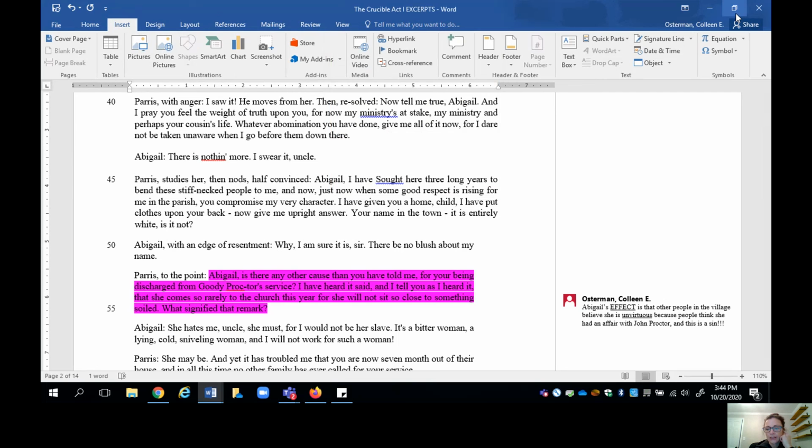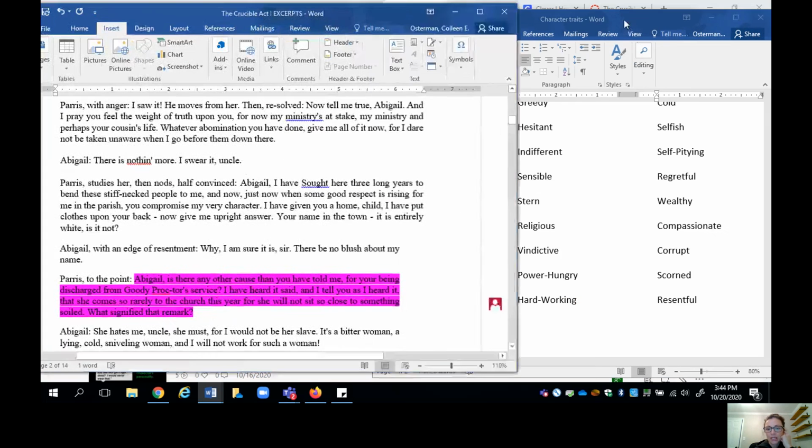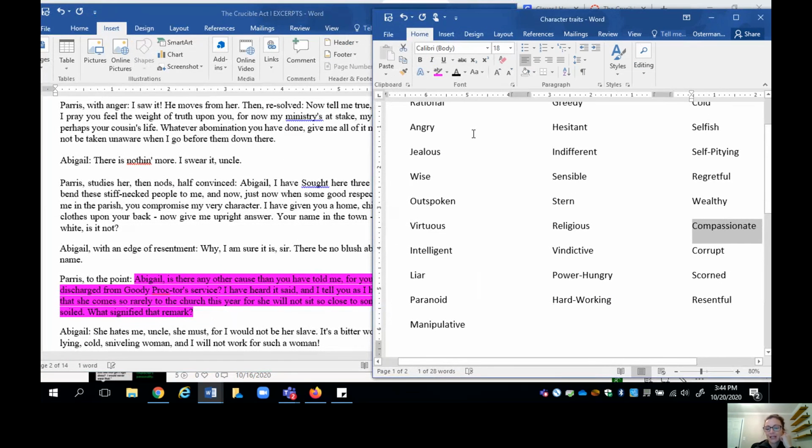So let's look over. When I was looking at the list, I didn't see anything that resembled spoiled or dirty, or trashy, but I did see virtuous. And virtuous means of good morals, good values, church going, and that's what Goody Proctor is. And Abigail seems like the exact opposite.